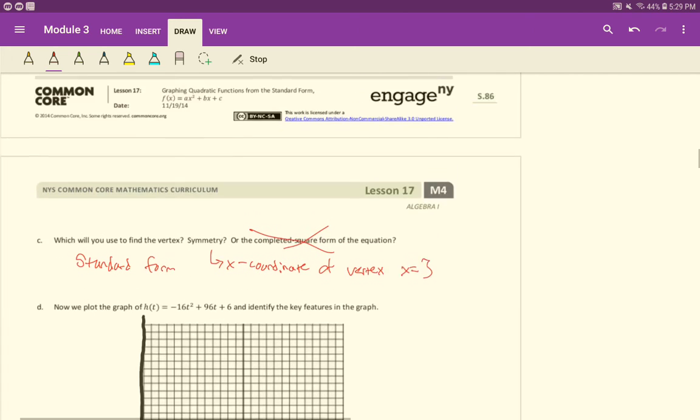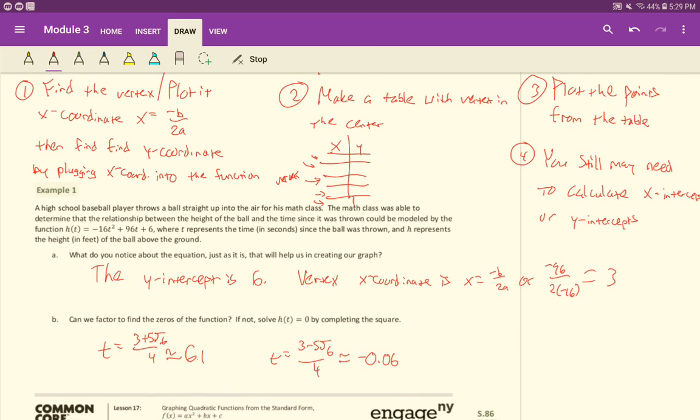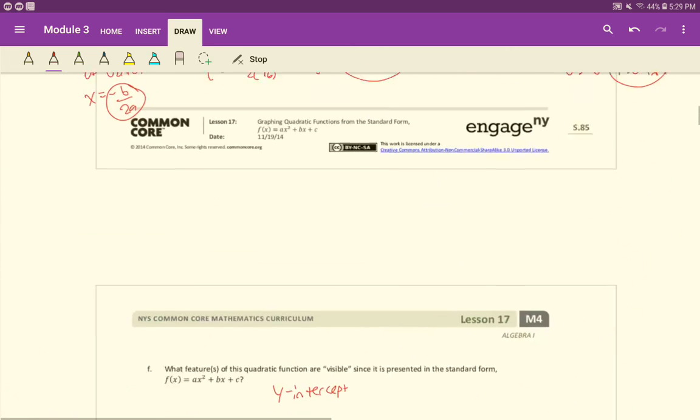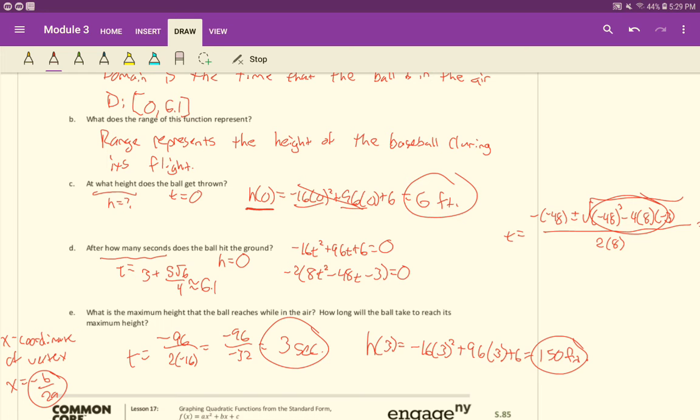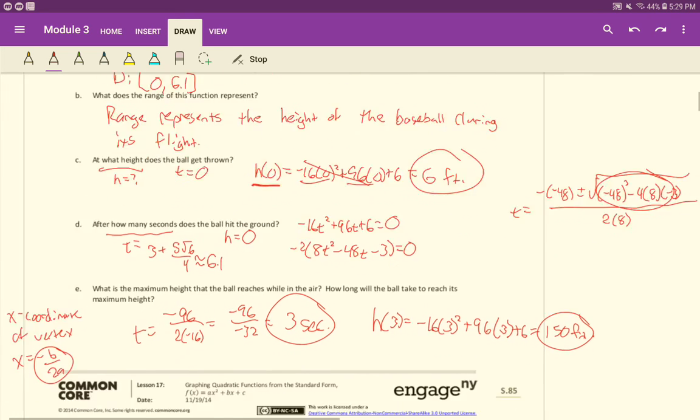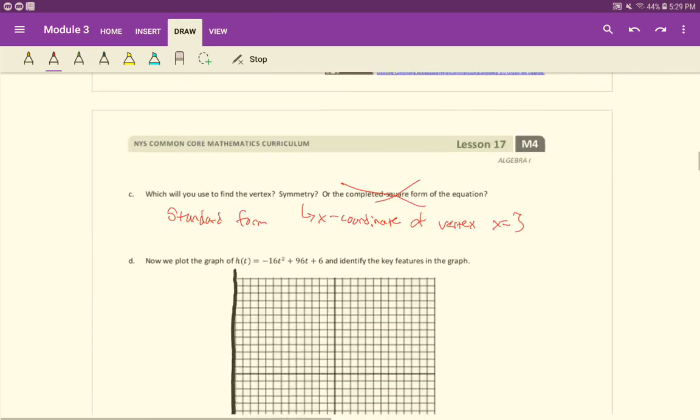And then for the height, the maximum height, I think we figured out what the height was, right? Maximum height, up here we did 150. Okay, so let's see here. Maybe I can count by 10?